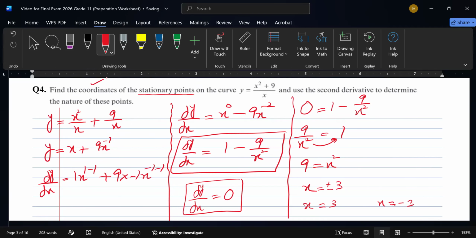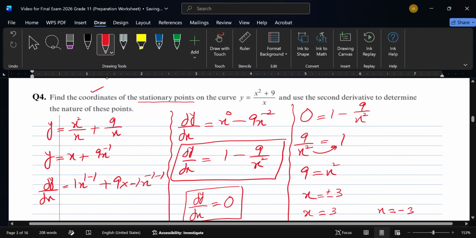So let's start with this one. Remember the original equation is x squared plus 9.